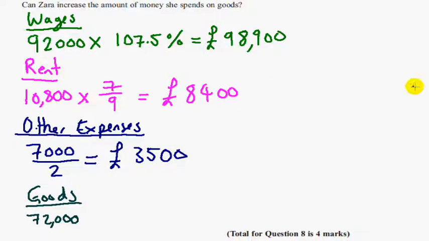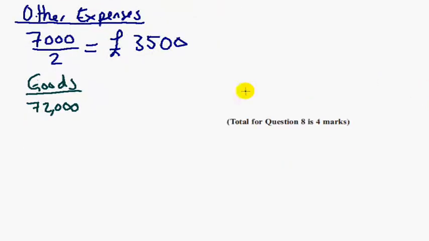Okay, so we need to find out how much she is spending this year if the price of goods were the same. So 98,900, add 8,400, add 3,500, add 72,000. Unfortunately, it's already, I believe, exceeded.